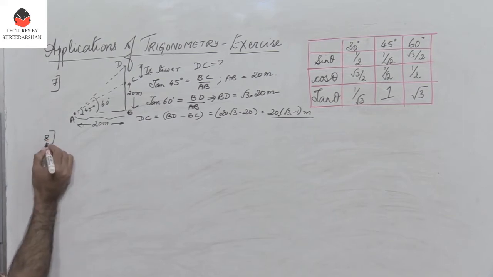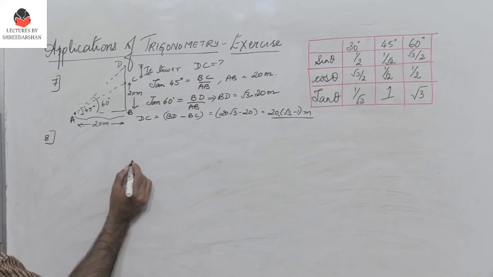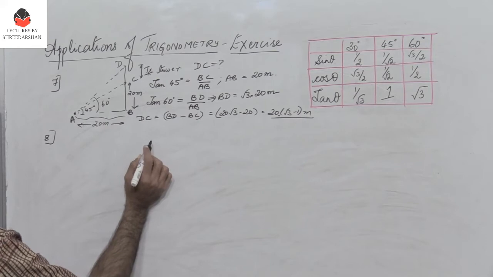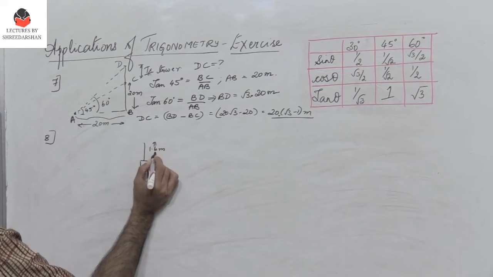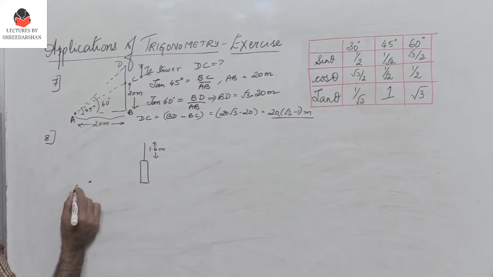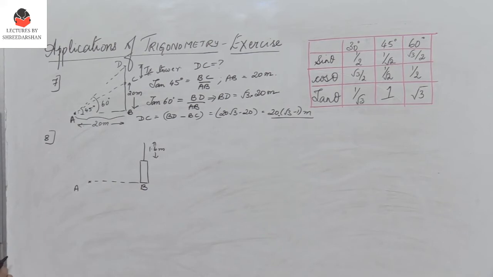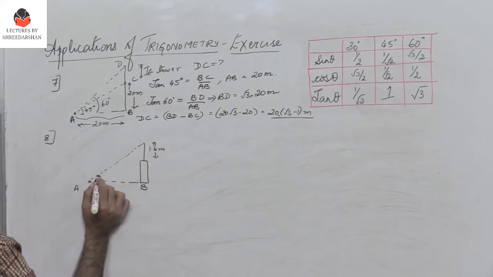Next, problem 8. The statue, which is 1.6 meters tall, stands on top of a pedestal. So there is a pedestal, and on top of this, there is a statue. The height of the statue is 1.6 meters. From a point on the ground, let this be A, and let this be B. The angle of elevation to the top of the statue is 60 degrees.